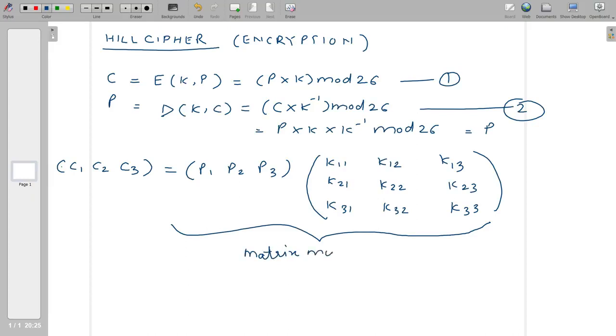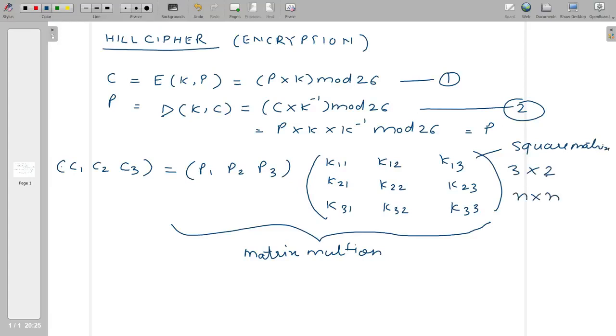First thing. Second thing is, this key size is not fixed. This key can be of any size, but it should always be a square matrix. For example, here we have a key of size 3 into 3. We can have a key of any size, but it should be n into n.